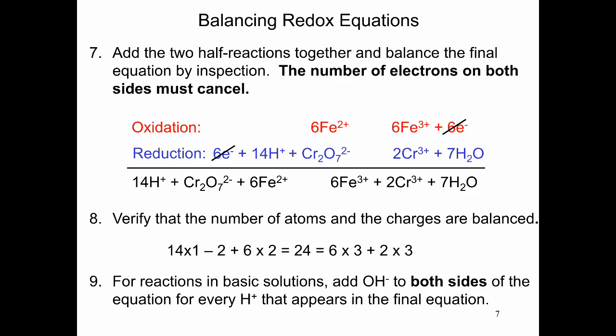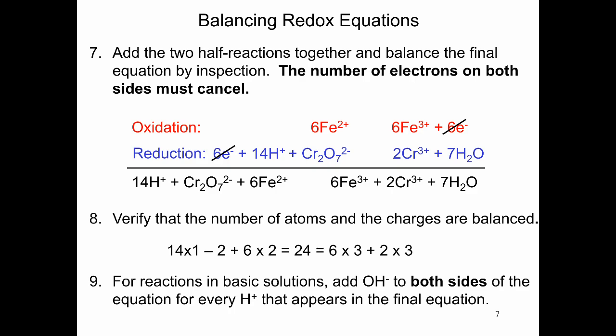For a basic solution, you can just follow this step. Some books will tell you this is the way to balance for acidic, this is the way to balance for basic, but the easier way is to just memorize one. For example, memorize the steps for balancing in an acidic solution and then convert it to a basic solution.